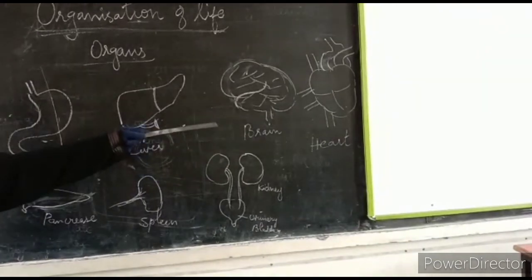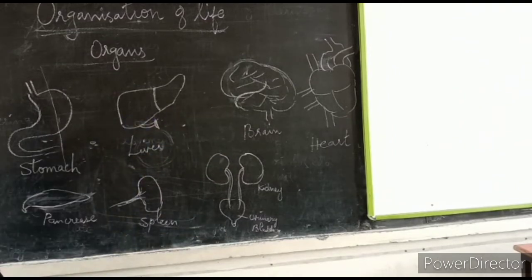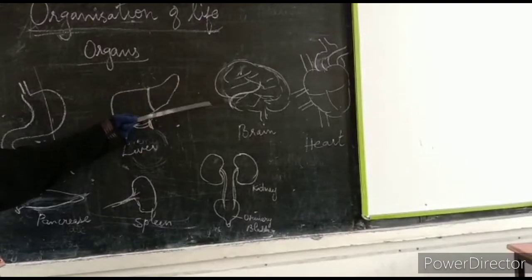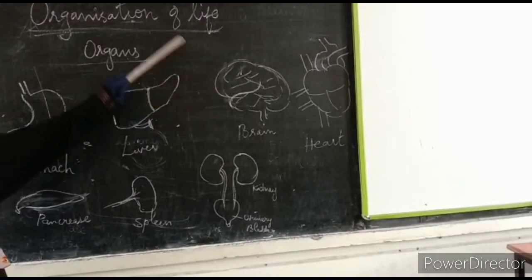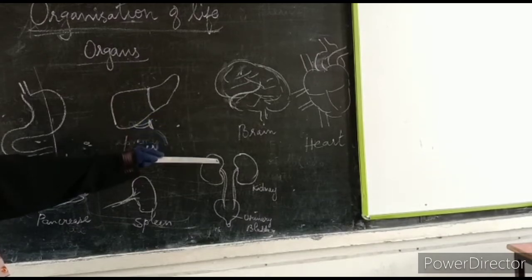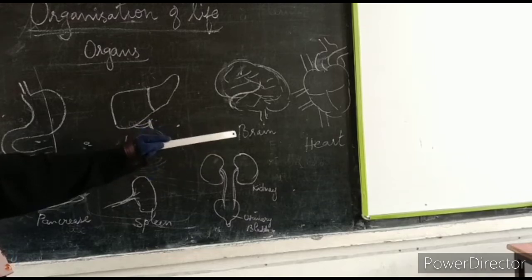And then we have the inferior vena cava and superior vena cava to collect the blood. The superior vena cava collects the deoxygenated blood from the upper part of the body. The inferior vena cava collects the deoxygenated blood from the lower part of the body.